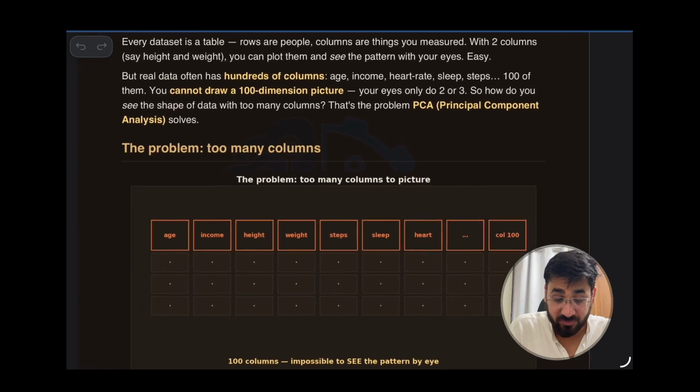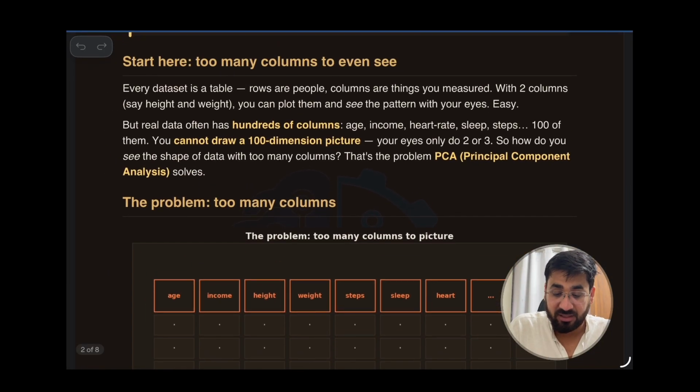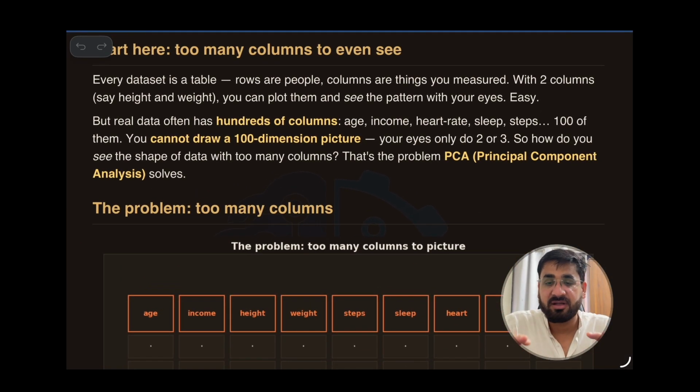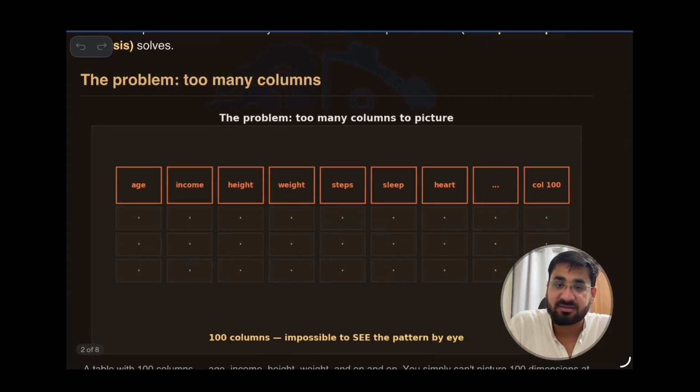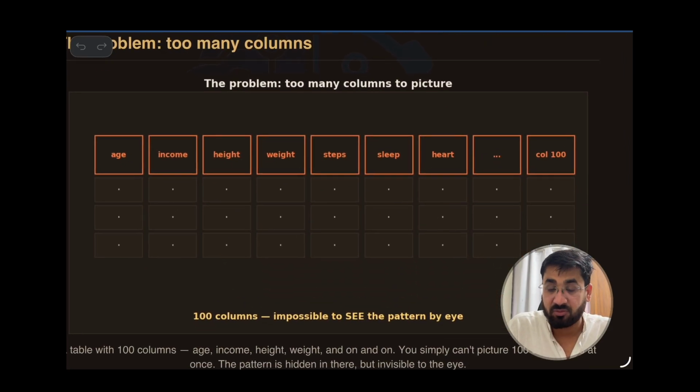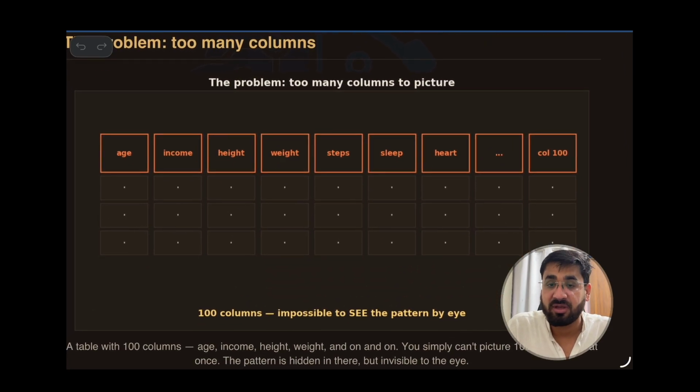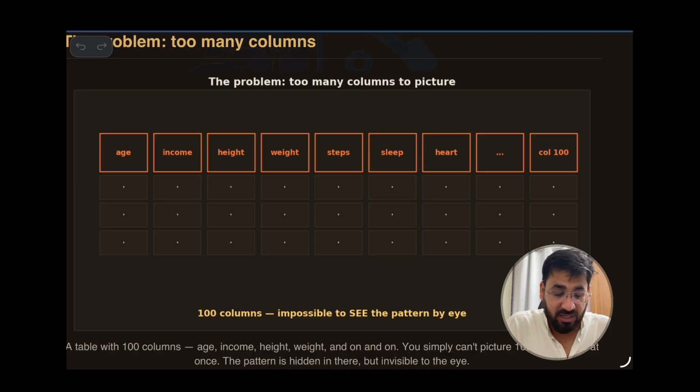And the real problem is in real life. Take my example. If you ask me how many properties there are in my case, it can be 100, like 1000. Okay, let's suppose 100. I have my age, income, height, weight, steps, sleep, heart rate, so many, say 100 columns.